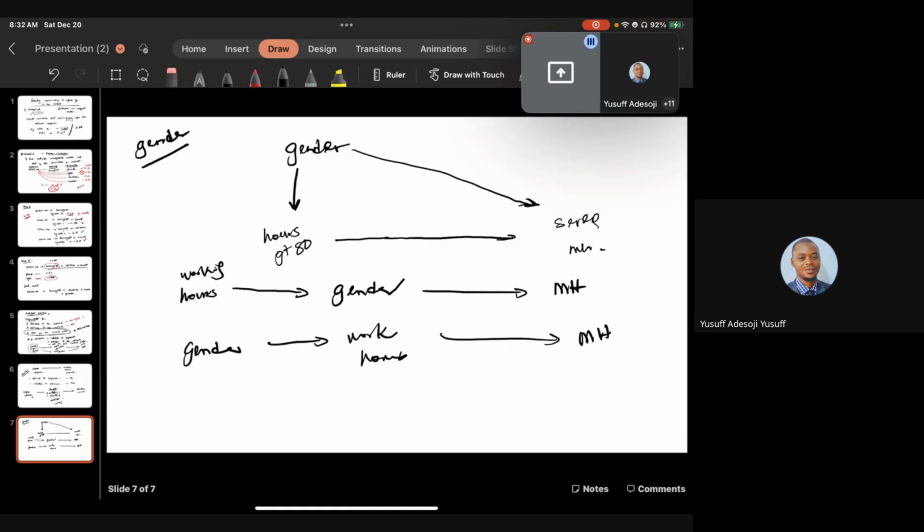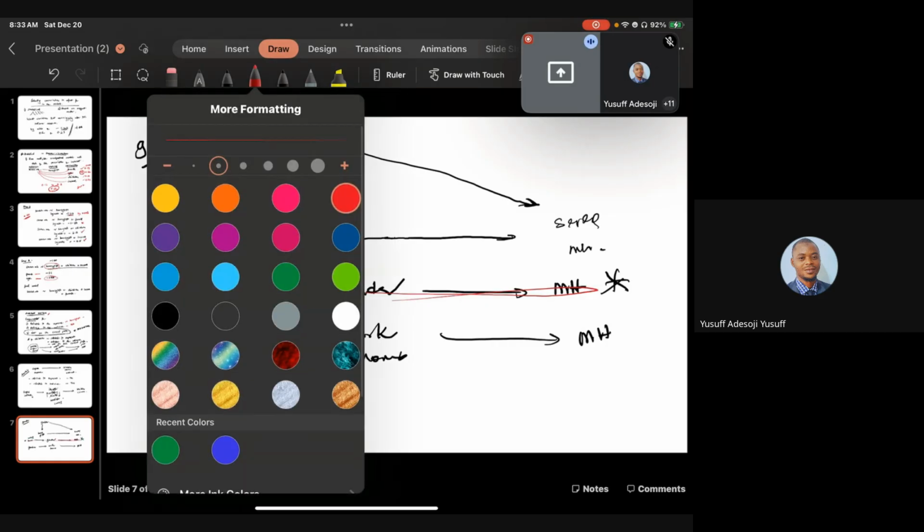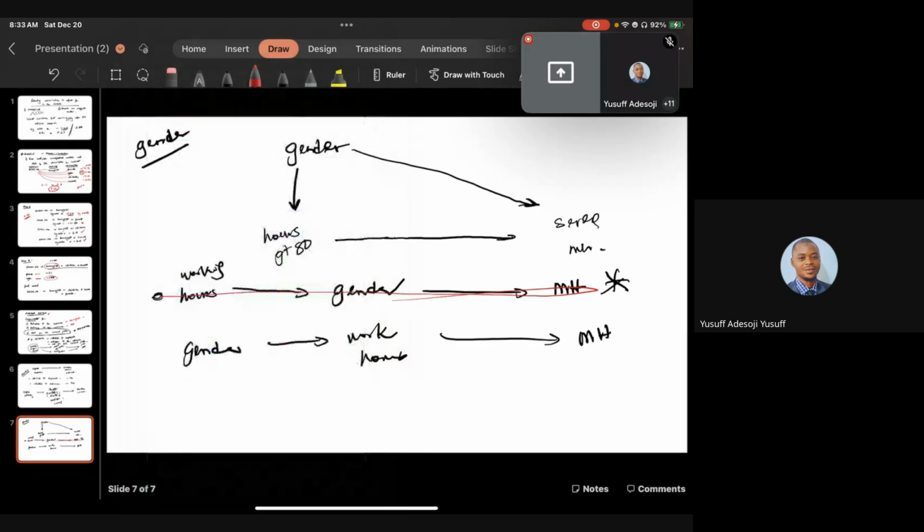Okay, so which means that, obviously, this one is clear, a person's gender is not determined by the hours that they work, right? So that one's clear. And this other one, we know based on the way that we've thought about it, that men are not getting poorer mental health because they're working longer hours, right?